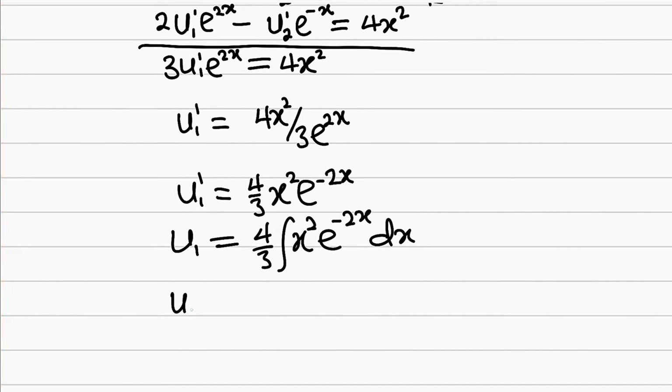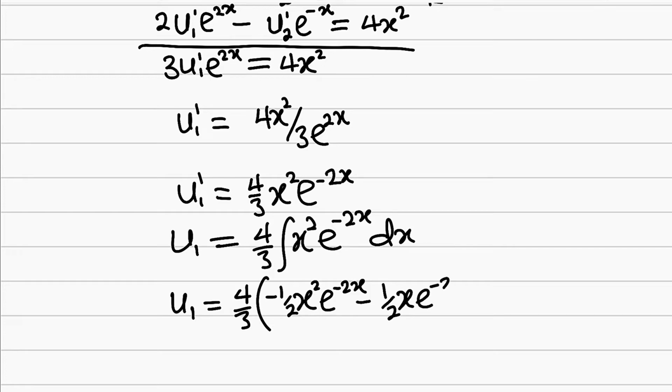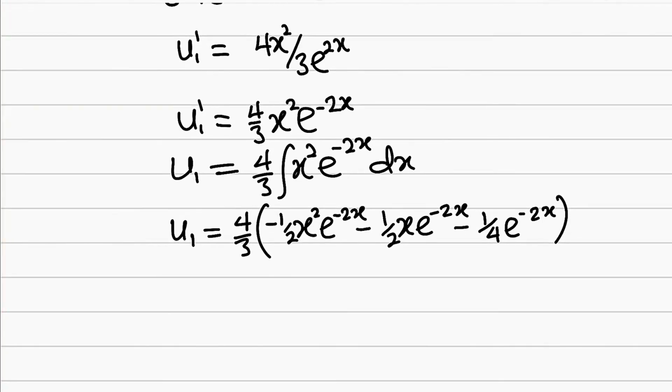So u1 equals 4/3 multiplied by the integral of this, which is equal to -1/2 x^2 e^(-2x) - 1/2 x e^(-2x) - 1/4 e^(-2x). Now we can distribute 4/3 into this parenthesis.